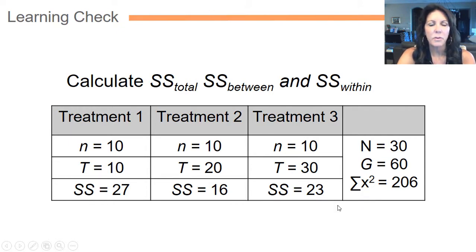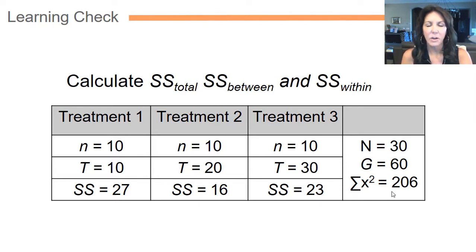Finally, there's one other important piece of information we need for sums of squares, and that is the sum of all the squared scores. And you might be saying, well, why do we need that? You might be thinking back to week 4, where we talked about how you have 2 different formulas for finding the sums of squares. You have the definitional formula, which you've all been doing, but there was something called the computational formula too.